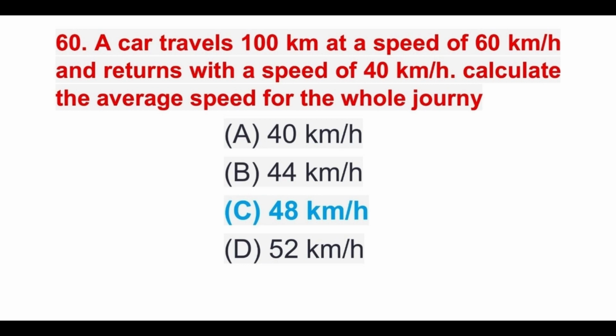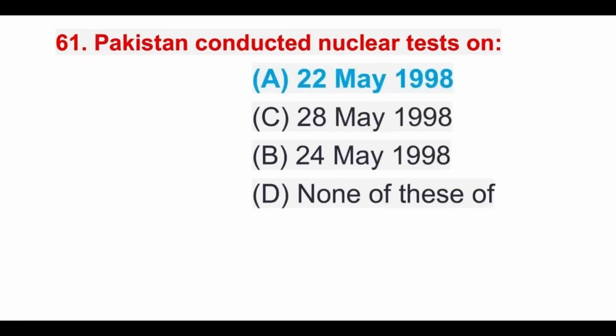Question number 60. A car travels 100 km at a speed of 60 km per hour and returns with a speed of 40 km per hour. Calculate the average speed for the whole journey. That answer is 48 km per hour.